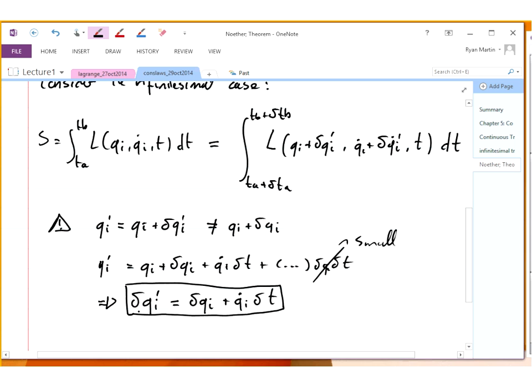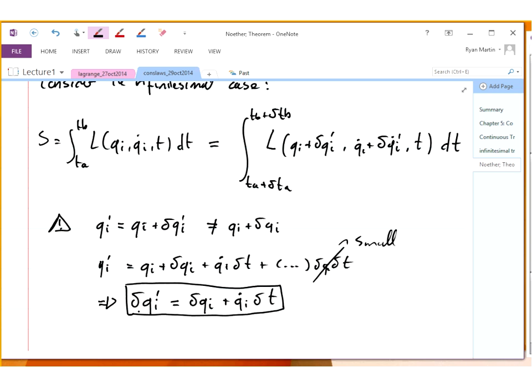I guess I have to make one more comment. How do I justify dropping the cross terms that have delta Q's times delta T's in them? Because they're second order small. So we do that all the time, right? We've been doing this. Ultimately, it comes back to the fact that we're trying to find stationary values of things.